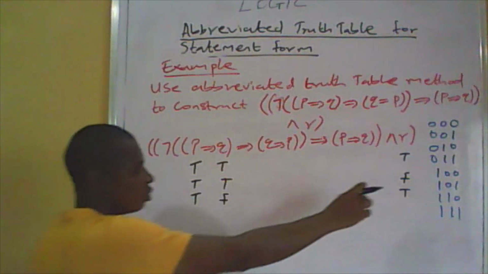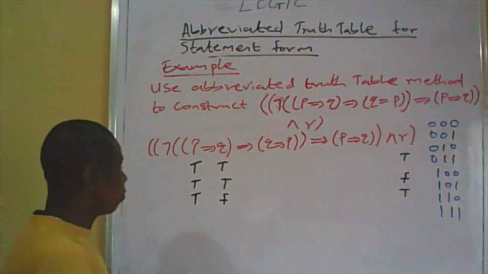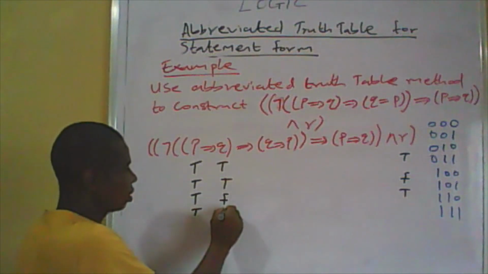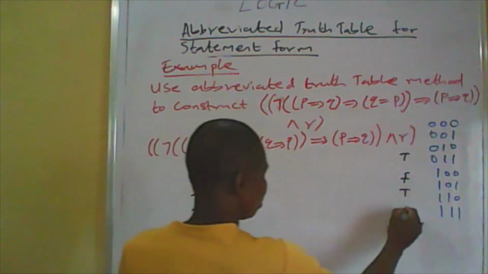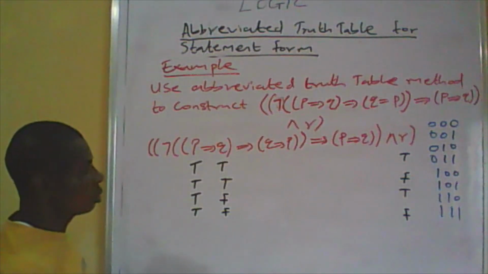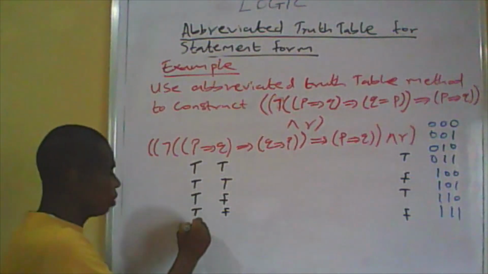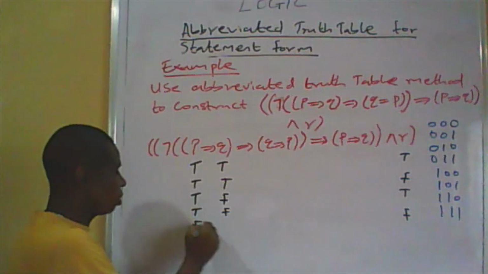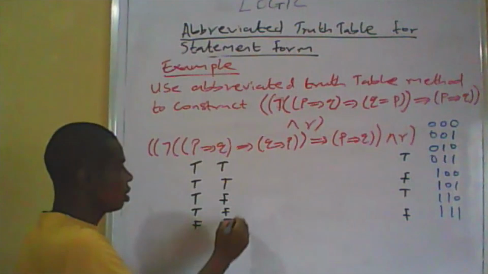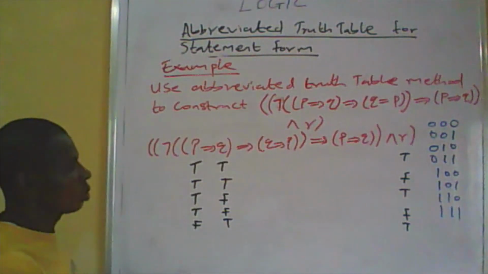Then we go to 100. Fourth one, 100, is going to be T, F, F. Then 011. That means the first statement will be F, second one will be T, third one will be T. We go to 010.